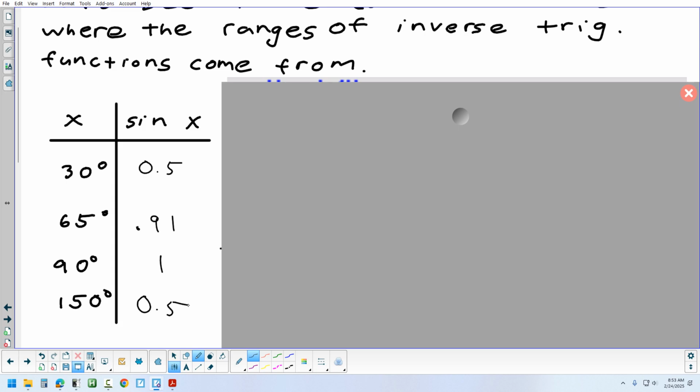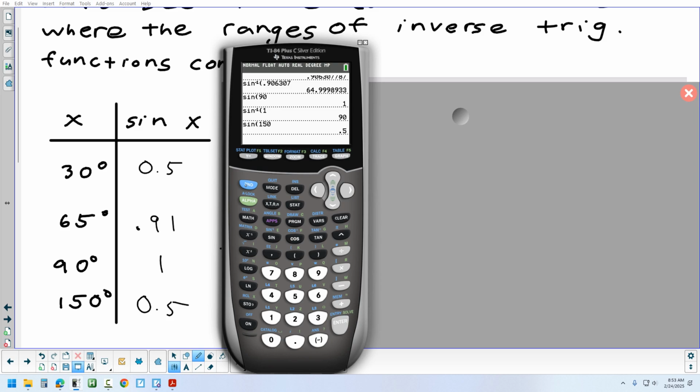So now the question is, when I do inverse sine of 0.5, is it going to give me the 150 or is it going to give me 30? It can't give me both. There has to be one answer to this problem. If there's not one answer that we all agree on, that's a problem, because then we're going to have different answers for the same question. So we need to come up with a way of what answer we're going to agree on.